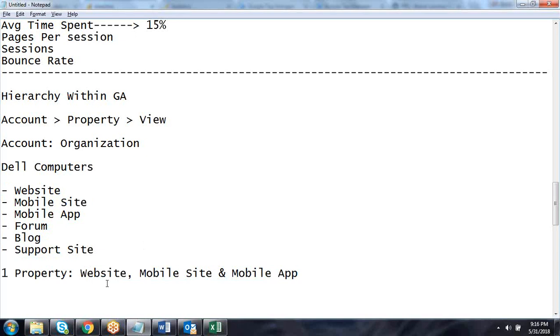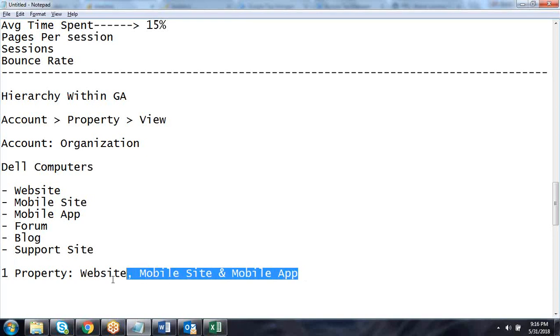Yes, Ashwini. So the idea over here is, do you think my customer behavior would remain the same on all these 6 platforms? My customer behavior would be very different on each of these platforms, right?